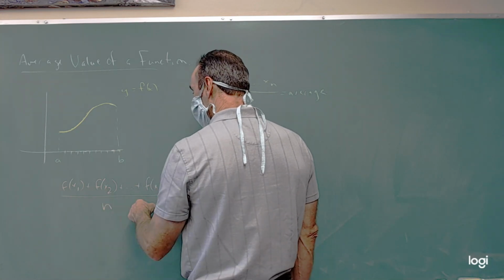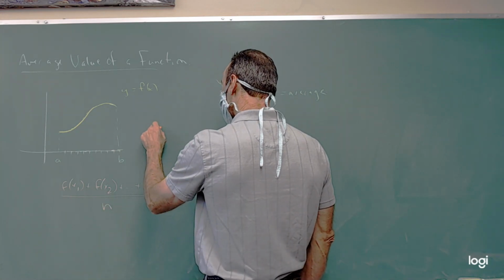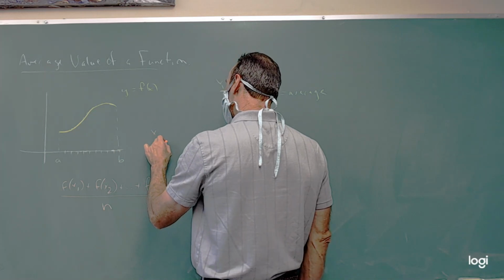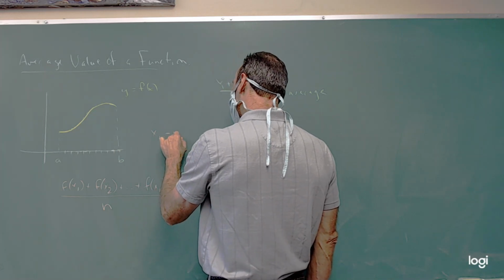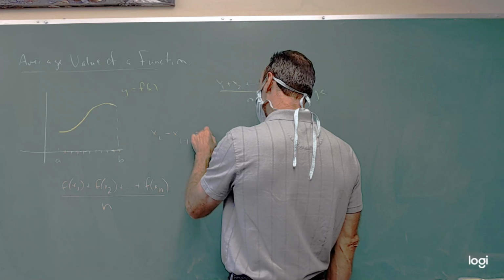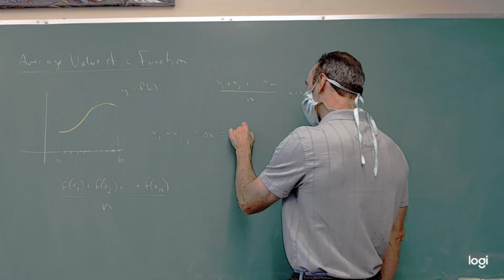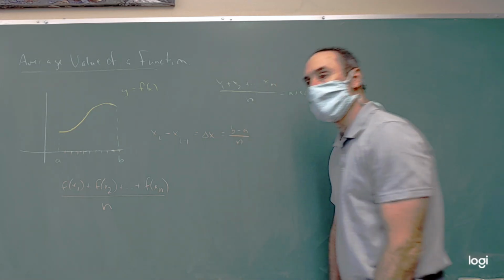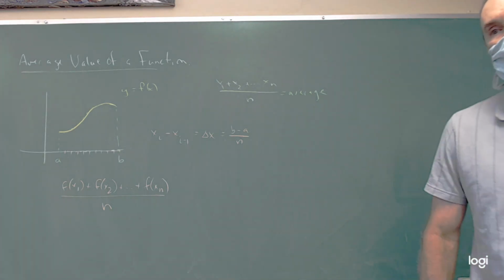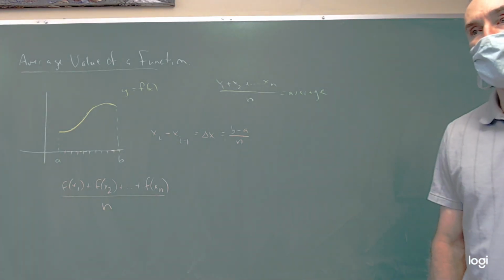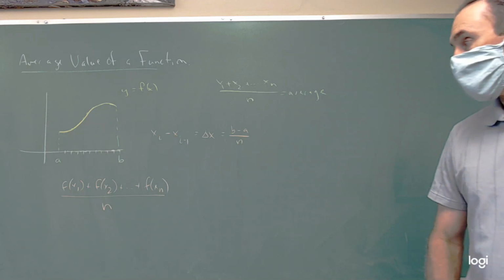Now we're saying these x of i's, so I'm going to say x of i minus x of i minus 1 is going to be our delta x, which is going to be b minus a over n. So it's easier to conceptualize if we imagine we space them out evenly. Okay, so there's our average.